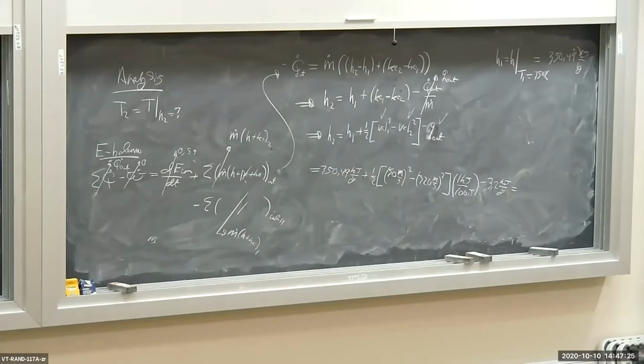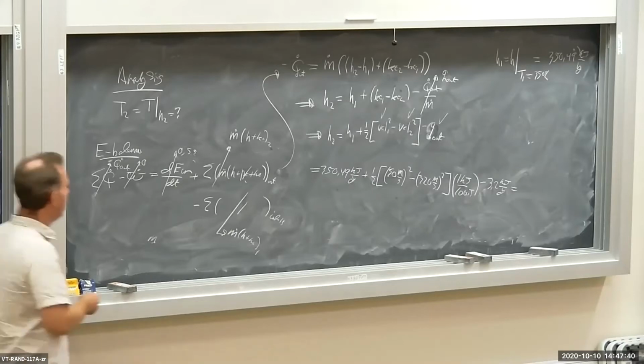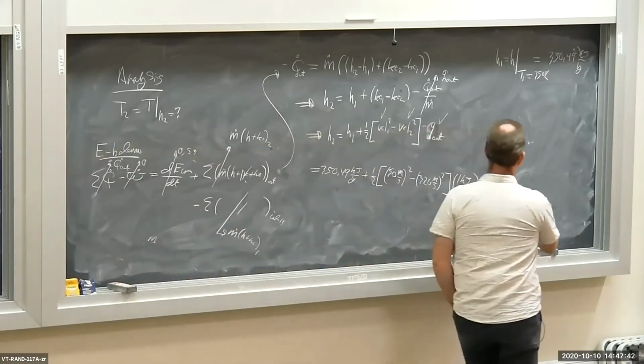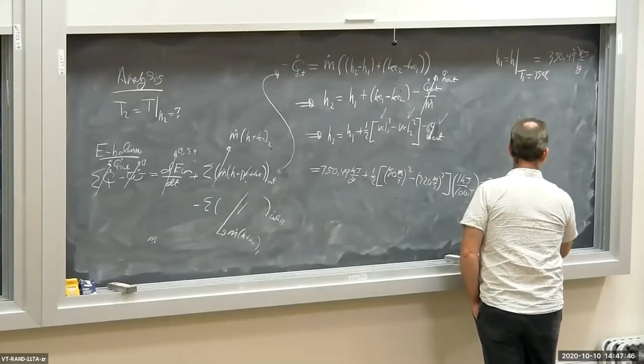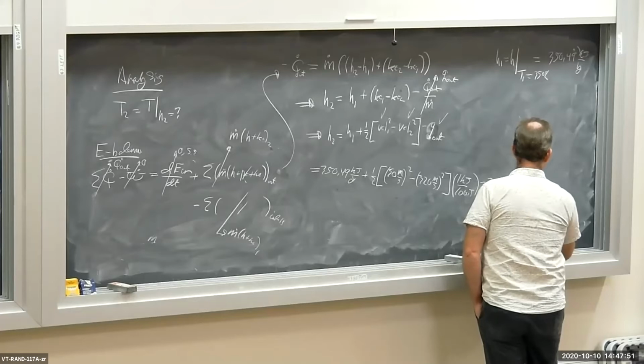And so we get an outlet specific enthalpy of 297.34. You got the 1/2 there. 297.34, or if you like, 297.3 kilojoule per kilogram.